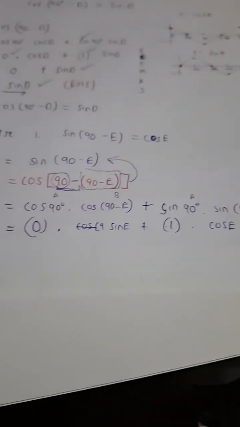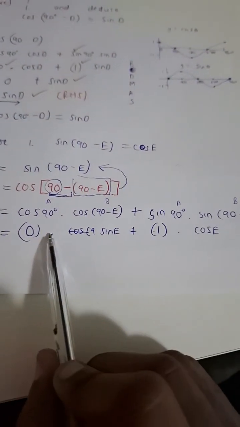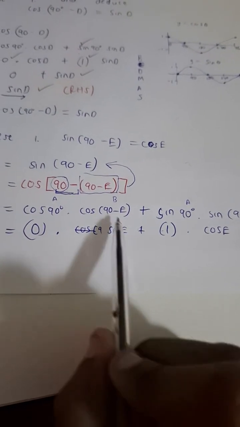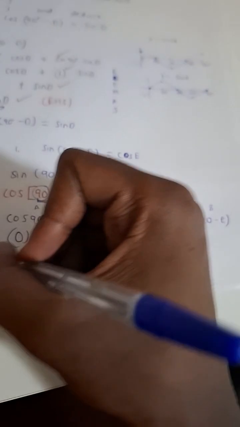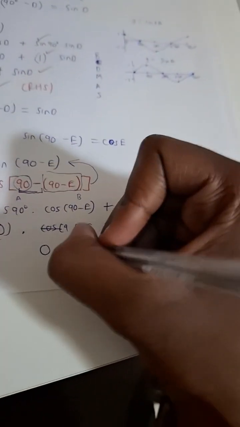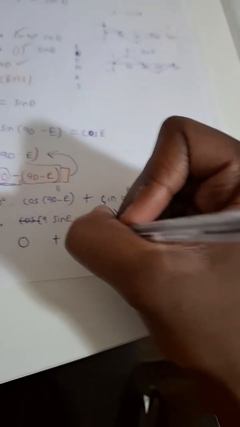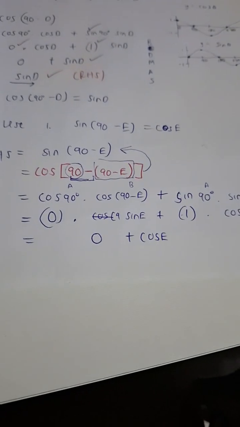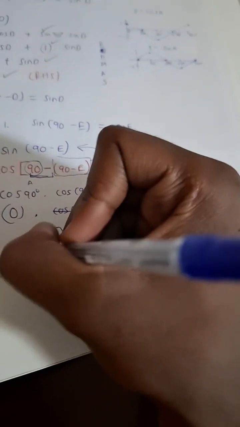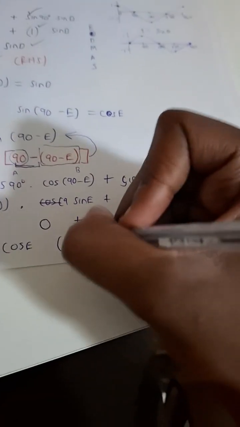Okay? And guys, look at this. If you apply BODMAS, 0 times sine e, obviously anything multiplied by 0 becomes 0. Plus 1 times cos e gives you cos of e. Do we see this, guys? Then the addition of these two, 0 plus cos e, gives you cos e. Look at this, guys.